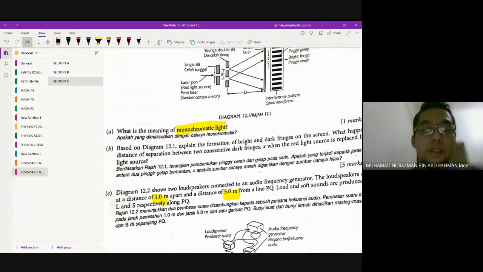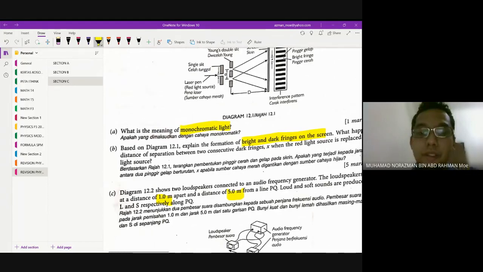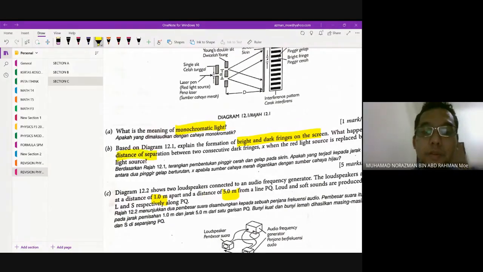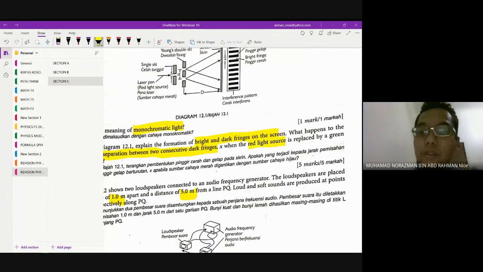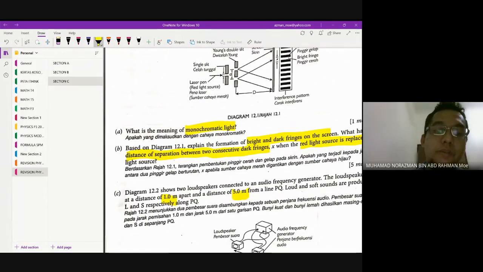Question B. Based on diagram 12.1, explain the formation of bright and dark fringes on the screen. What happened to the distance of separation between two consecutive dark fringes, x, when red light source is replaced by green light? Very popular question, Young double slit.